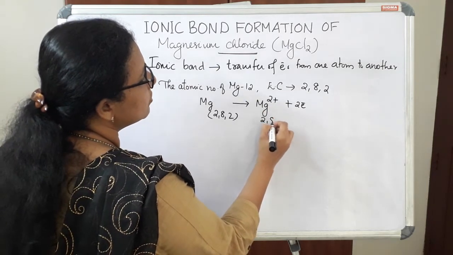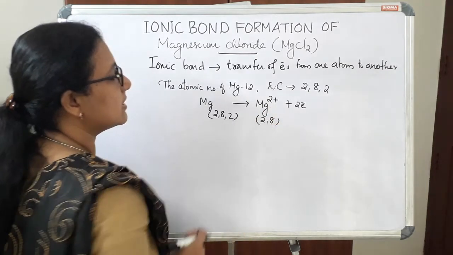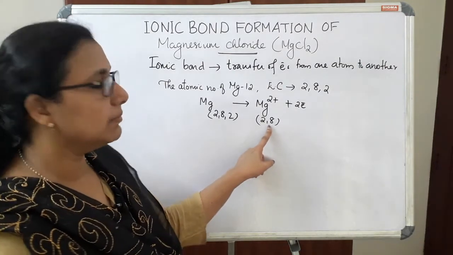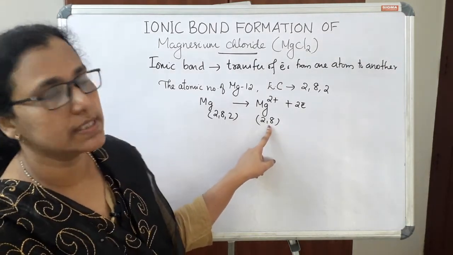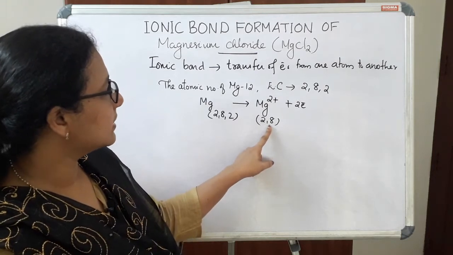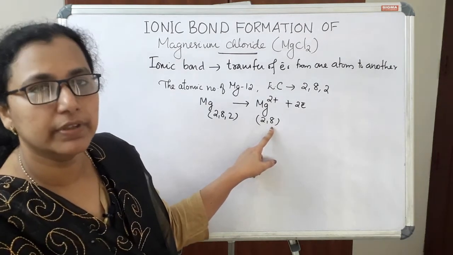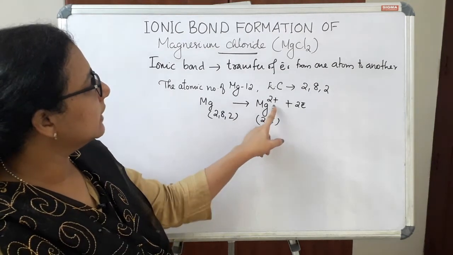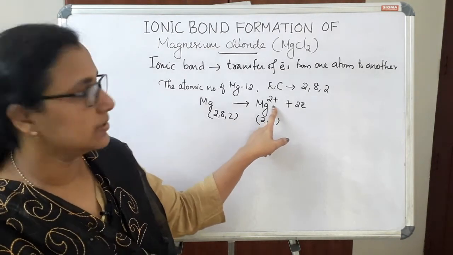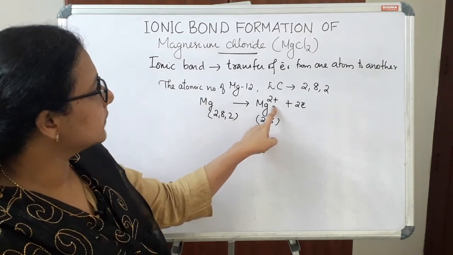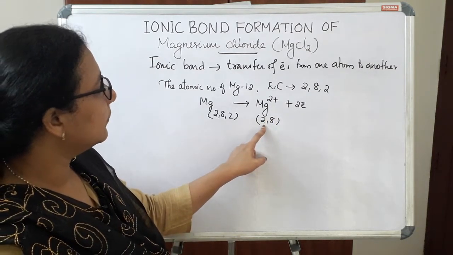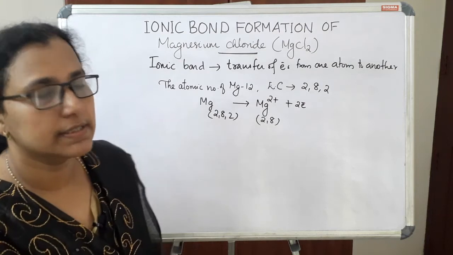After losing 2 electrons, it attains the octet configuration, that means 8 electrons in the outer shell, which is a stable configuration. So Mg2+ is formed, the magnesium ion, with configuration 2, 8.